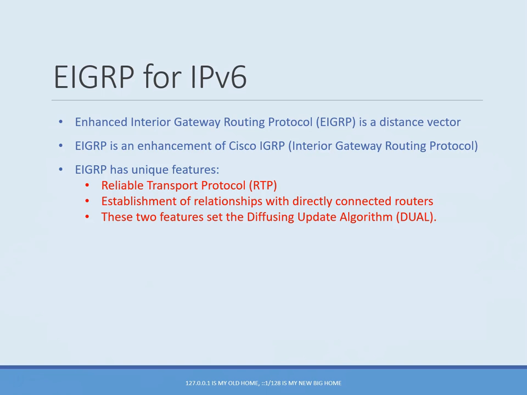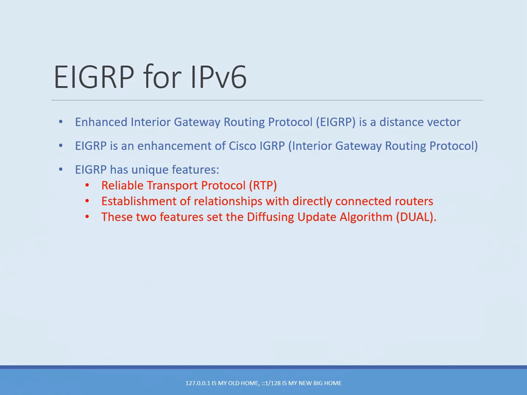In addition, EIGRP establishes relationships with directly connected routers that are also enabled for EIGRP. We call this relationship neighbor relationships. Neighbor relationships are used to track the status of these neighbors.